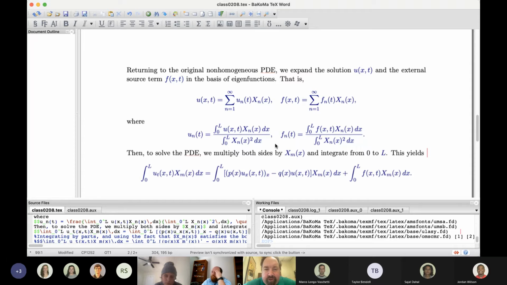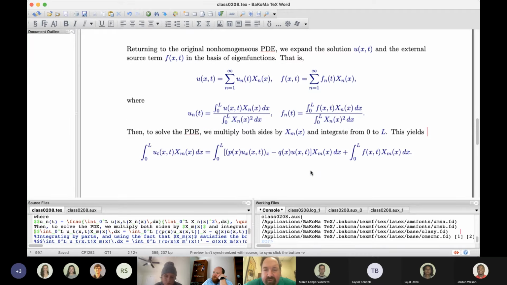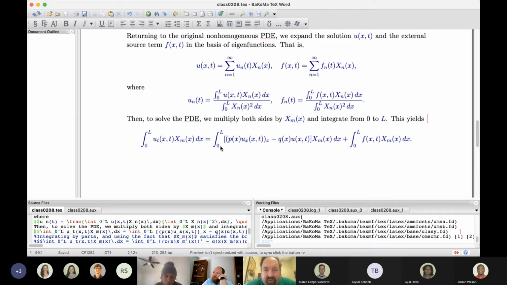So suppose I take my original PDE and multiply both sides by X_m and integrate from 0 to L. So that just gives me this.